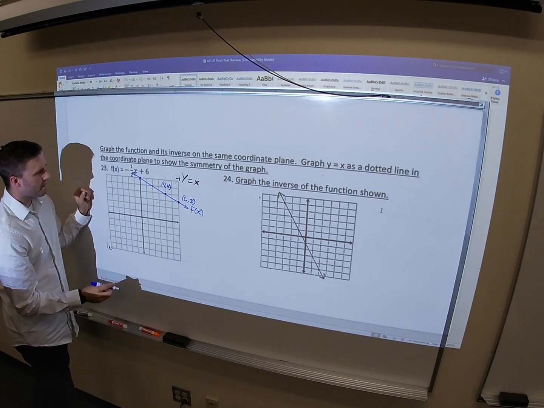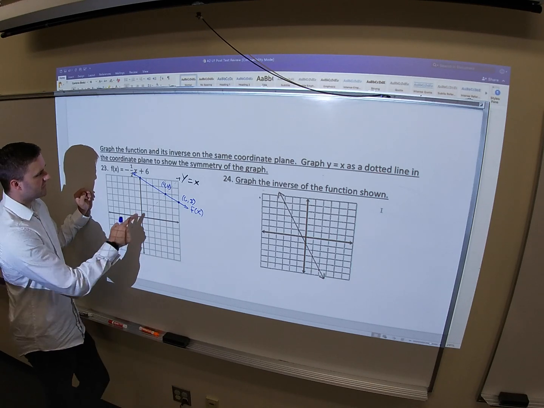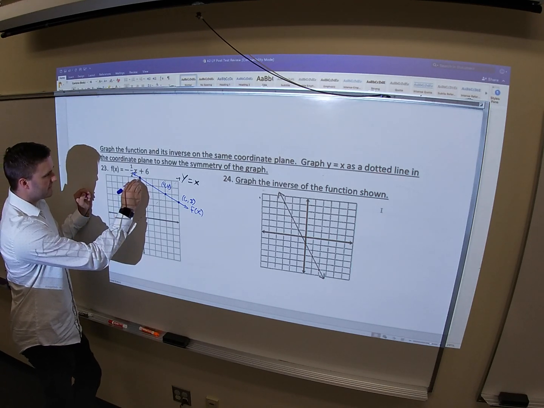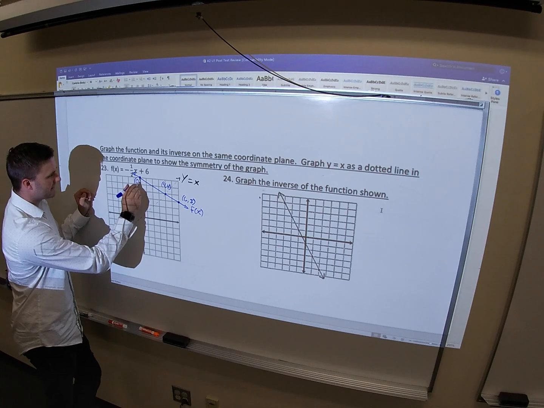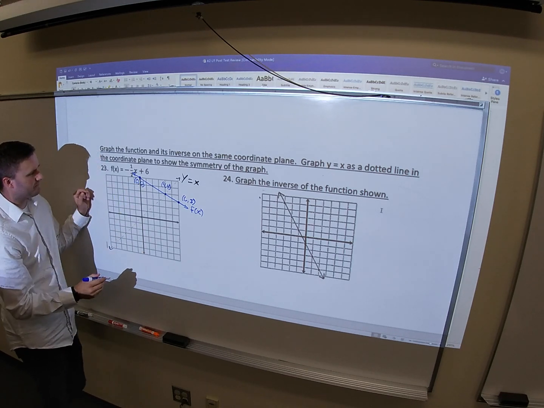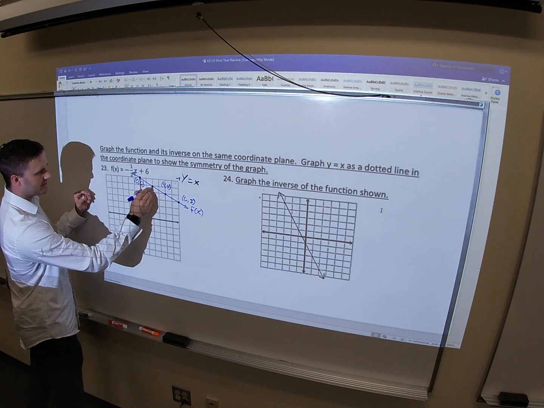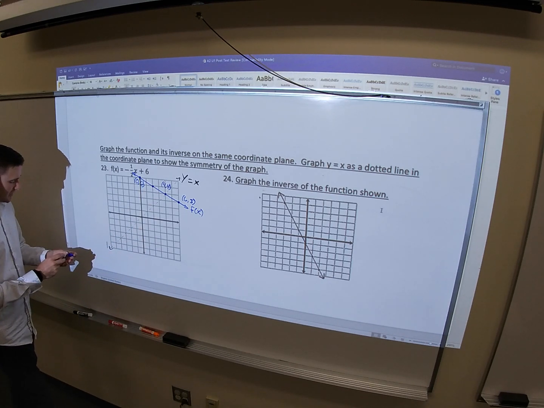And then finally, this one is 0, comma, 6. That was our y-intercept. You could have picked this one, I just didn't. Now, that is our original function.